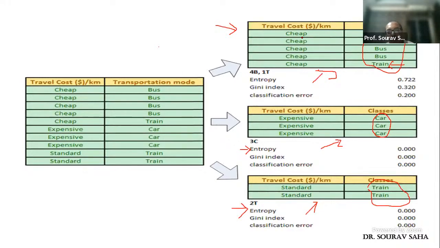If the benchmark is that the accuracy of 90% is enough, then we are good. We can stop here because my accuracy is 90%, right? But if I'm desiring that more than 90% accuracy will be there, probably I'll have to split further. So let's do that. Let's do that. Okay.